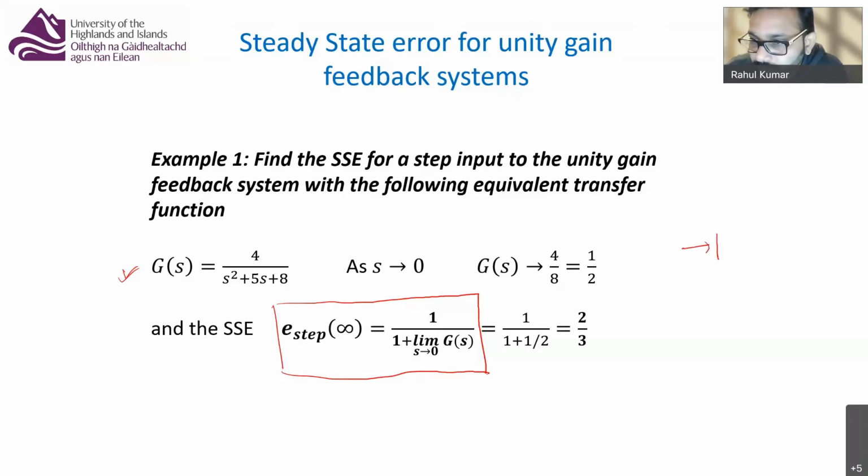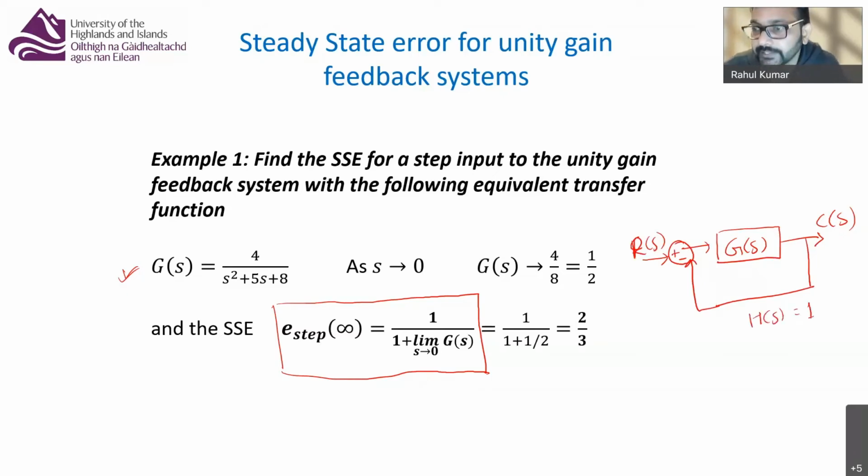So for visual imagination, I have this type of a system where my feedback is unity. Okay, like that. So minus, plus, and this is my input, and C of s is the output. So H of s is 1.